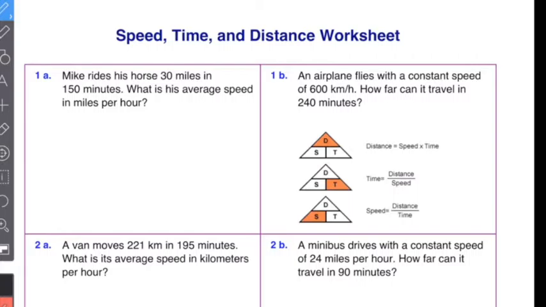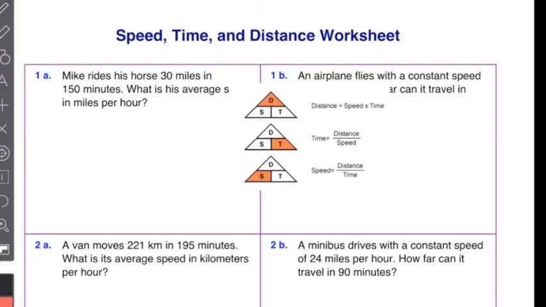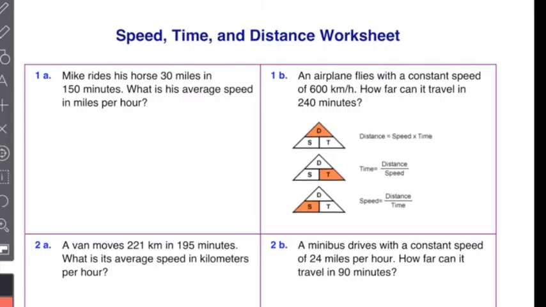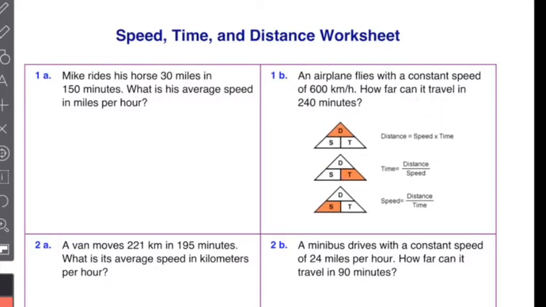So again, at home on your homework, I wrote in basically the formulas, but if you wanted to, we have our little triangle chart. So if you need the triangle chart, you're going to have to look in your class notes, but just put D on top for distance and S and T are at the bottom. So for each of these, what you need to remember is you have to convert each one into hours.